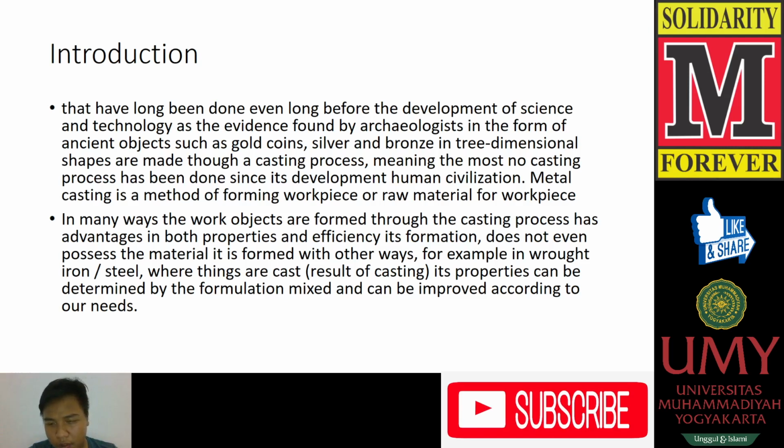Its formation does not require a change in the material it is formed from, unlike other ways, for example, involving iron and steel, where the properties of the cast result can be determined in the formulation method and can be improved according to our needs.